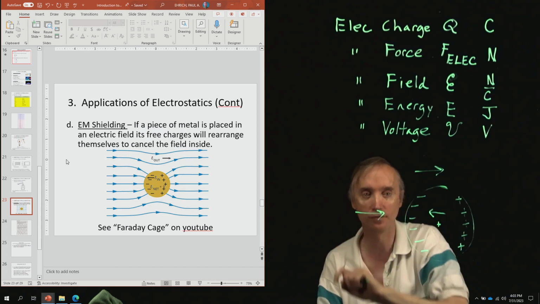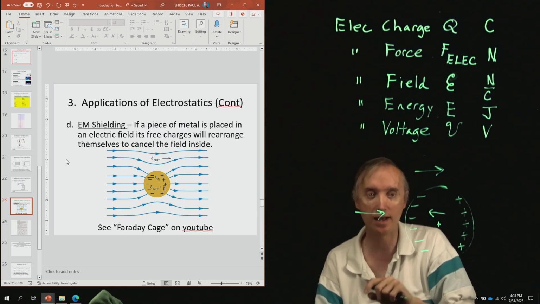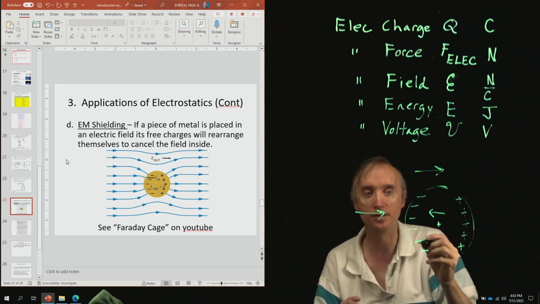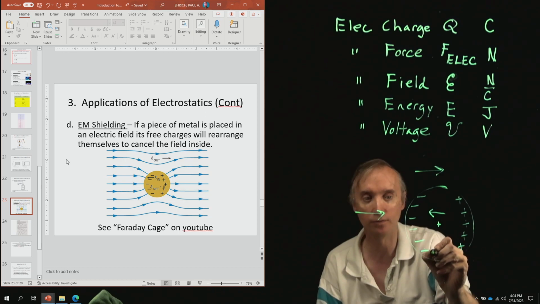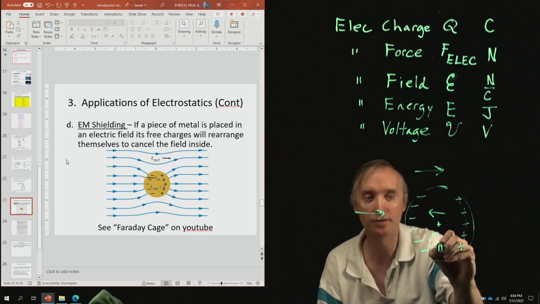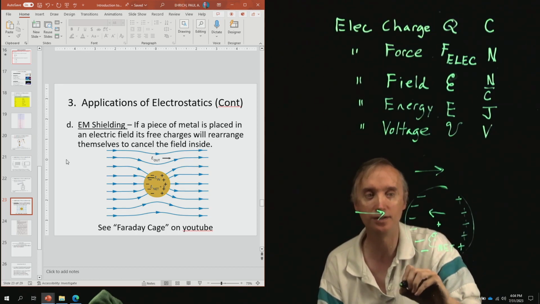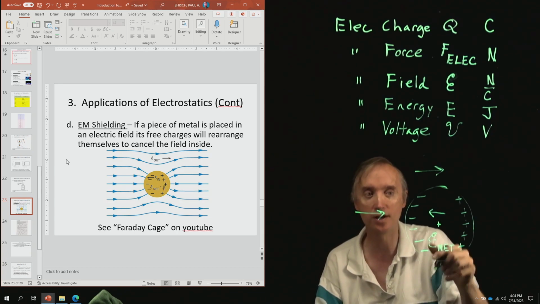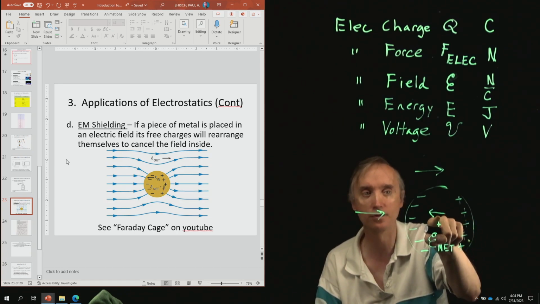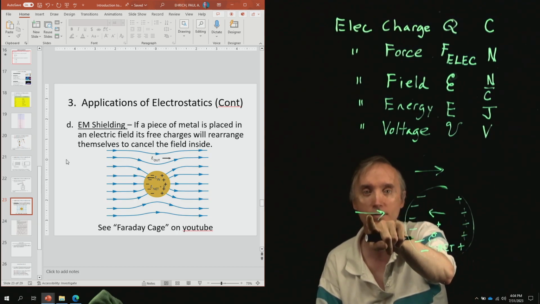When you add equal and opposite, the net electrical field is going to be 0. So E net, the total electrical field inside the piece of metal, is 0. It generates its own electrical field, which is equal and opposite to this one.